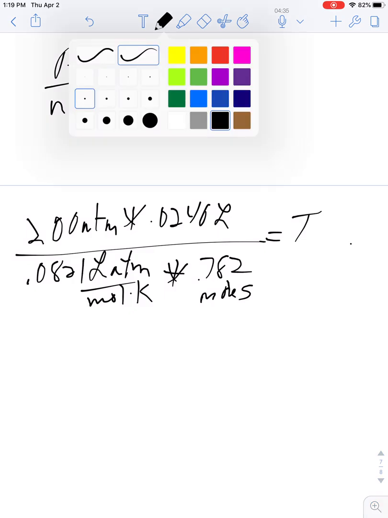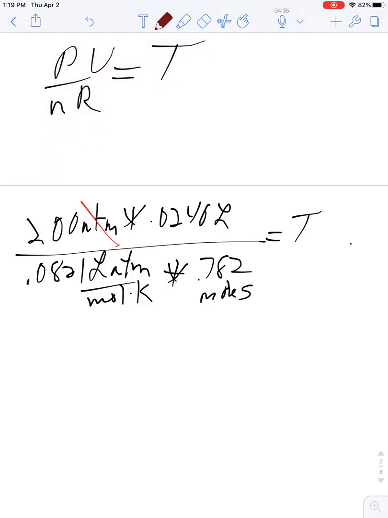Units. ATMs cancels with ATMs. Liters cancels with liters. Moles cancels with moles. The only unit left is Kelvin. So whatever our temperature is, it's going to be in Kelvin.